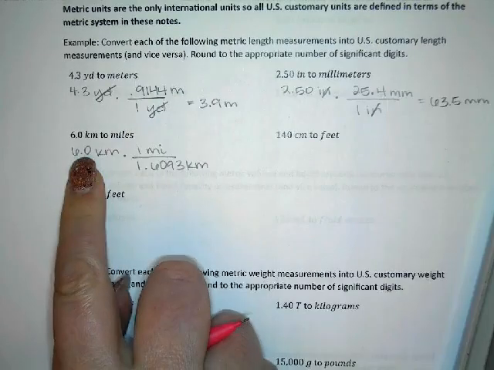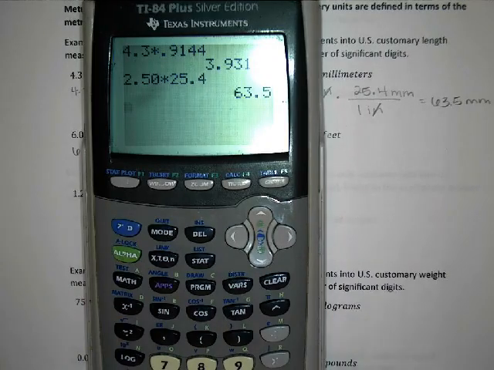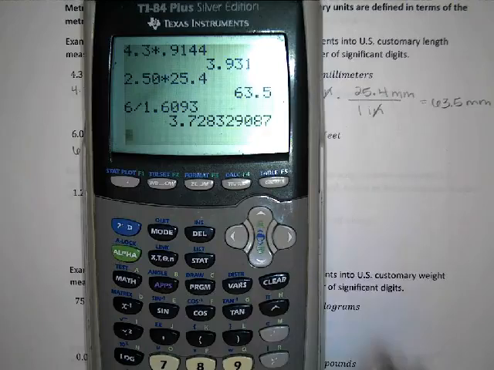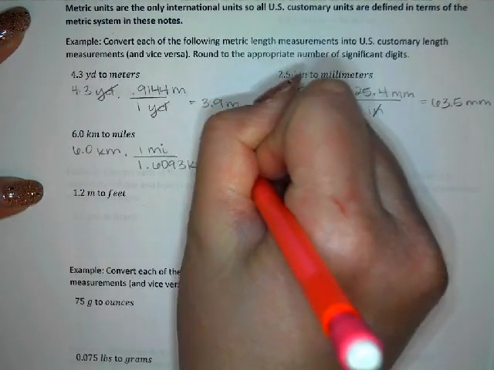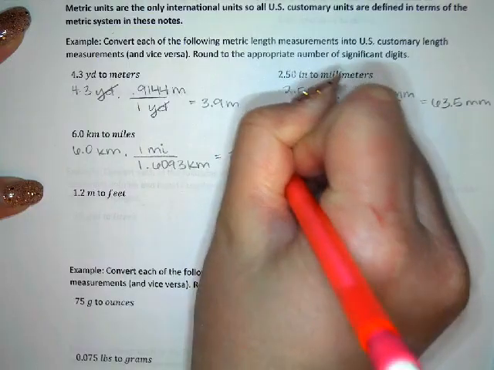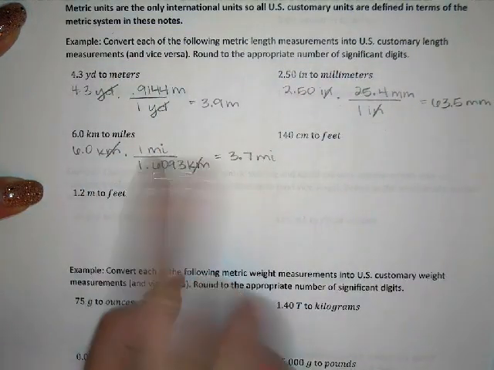And I have 2 significant digits in the original problem. The kilometers cancel, and so I end up with miles, 3.7 miles.